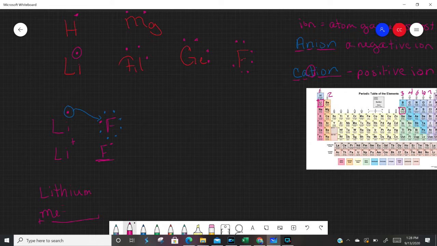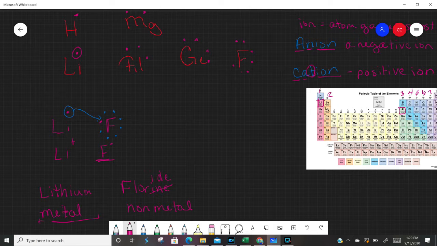We have our metal and our nonmetal. So we have lithium, and then fluorine. But when we write these chemical names, we change the -ine to -ide. So it should be lithium fluoride.